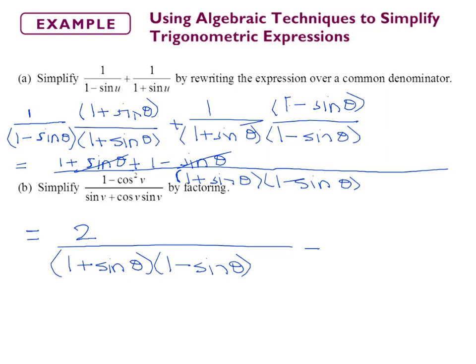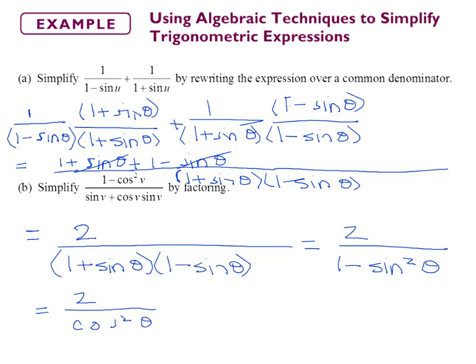Okay, so this becomes 2 over 1 minus sine squared theta. And 1 minus sine squared theta is the same as what? Cosine squared theta.